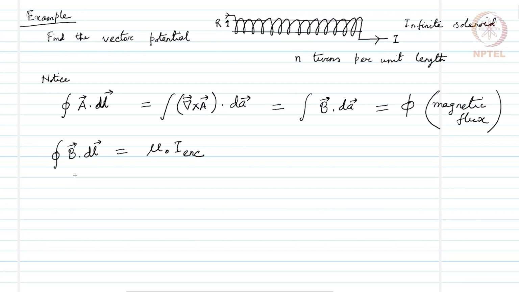With that similarity argument, we consider a circular Amperian loop inside the solenoid; for drawing that I am erasing this part here. Okay, we have a circular Amperian loop inside the solenoid here.